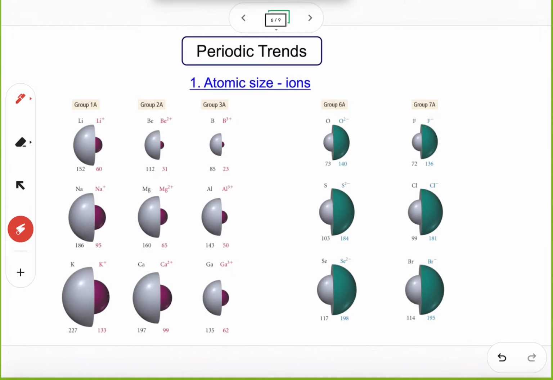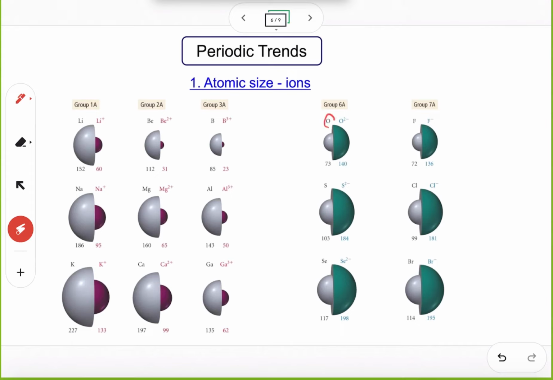All right. Part two, rule number one. An anion is larger or smaller than its neutral atom? In other words, it wants you to compare the neutral atom and its anion. As you notice, in order to get the anions, you have to gain electrons.